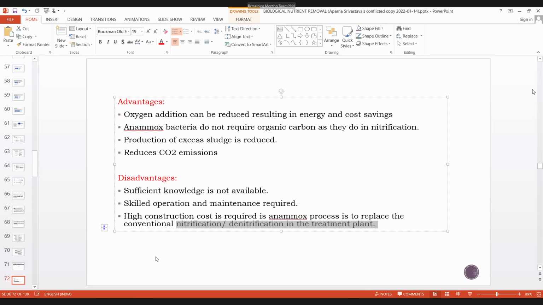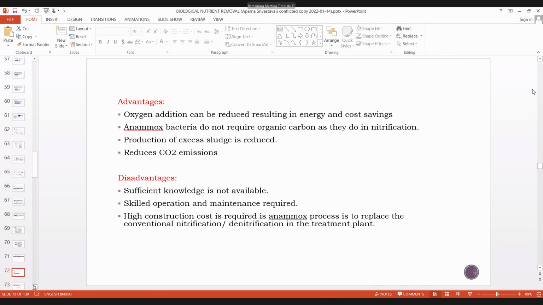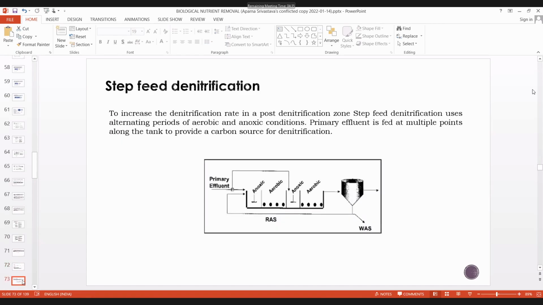Because they know that even if it is not going to work, we can go back to our old system. That's why researchers always try to develop a system which can be easily implemented in an existing treatment system, and that's why NMOX is not so popular.